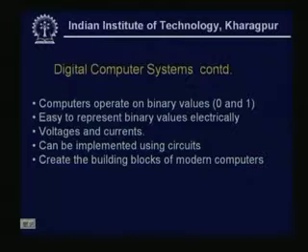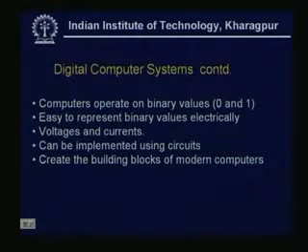Again, computers operate on binary values 0 and 1. Now, why is binary used? Because it is easy to represent electrically. Already in the introductory classes we have discussed this part. Mainly voltage and current.